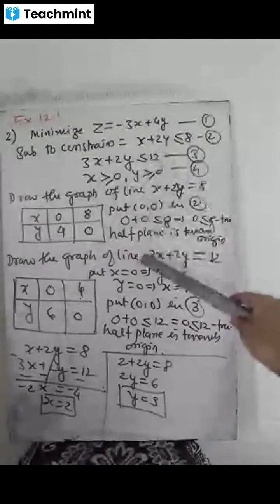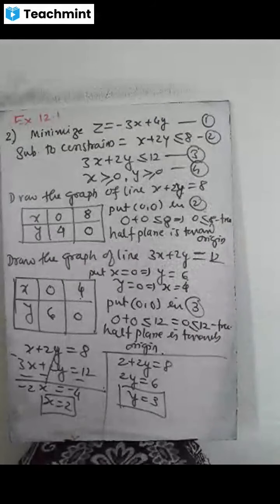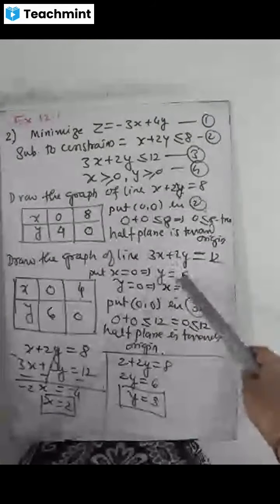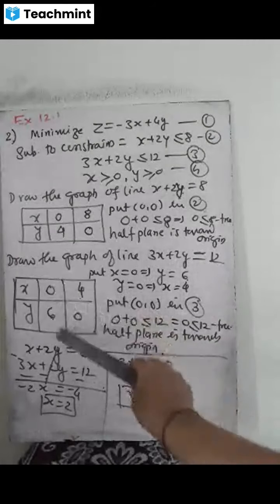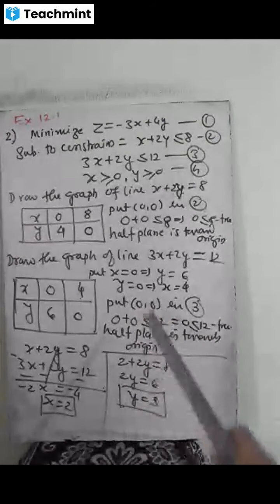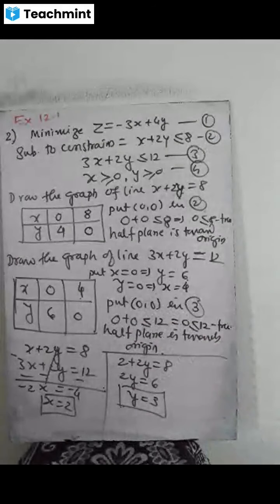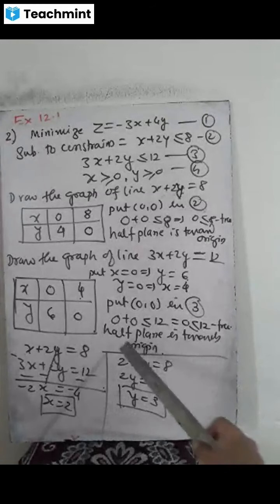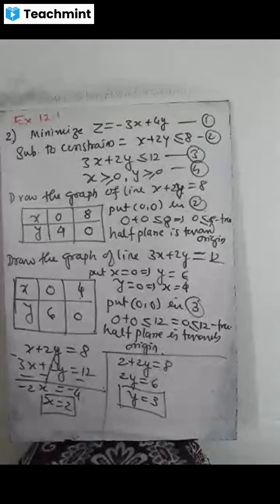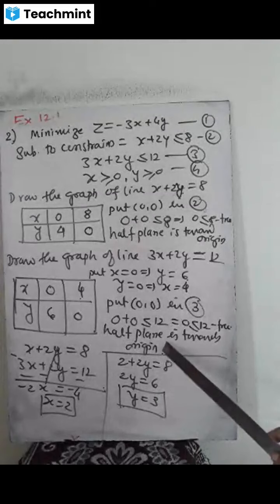For the second inequality, we will make it an equation. Putting x equal to 0, y is 6, and y equal to 0, x is 4. So forming the table and putting (0, 0) in equation 3, again you will get 0 is less than or equal to 12. So this is again true, and the half plane is towards the origin.